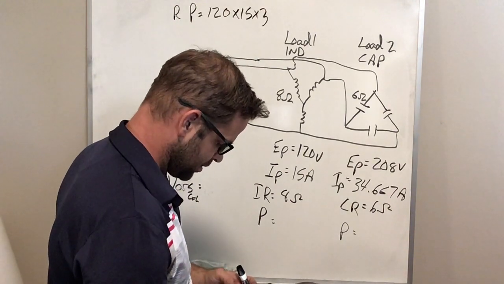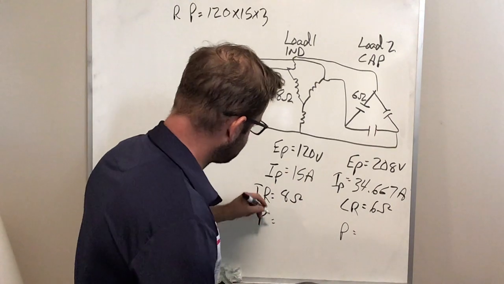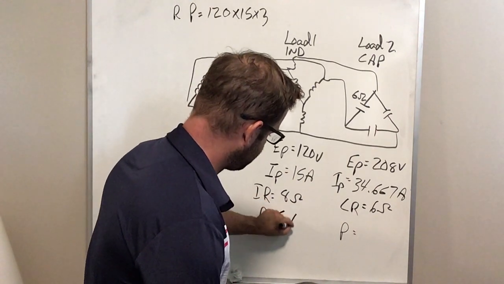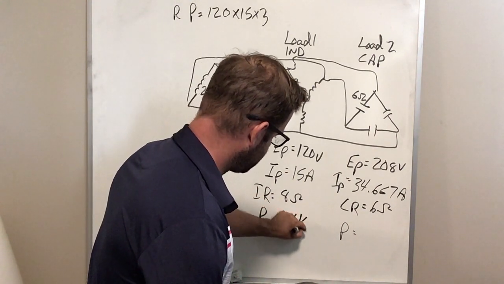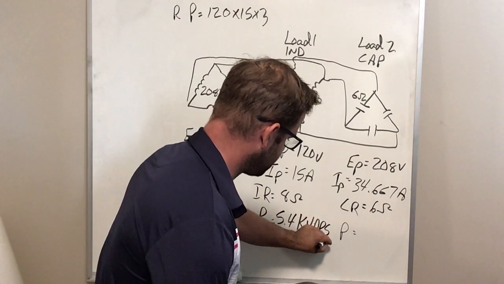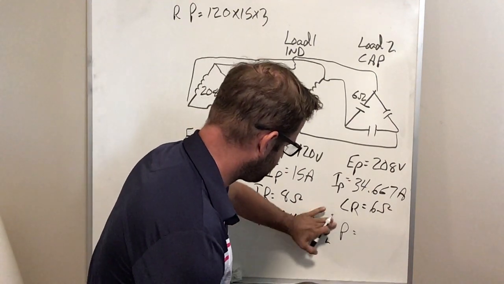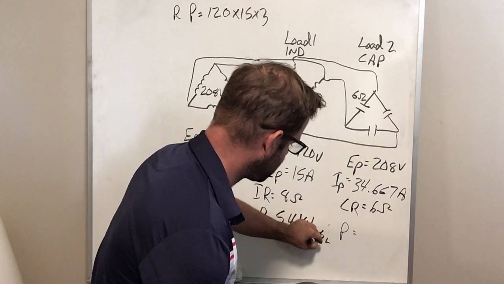So 120 times 15 times 3 gives us 5.4 kilovars, and that's going to be inductive.